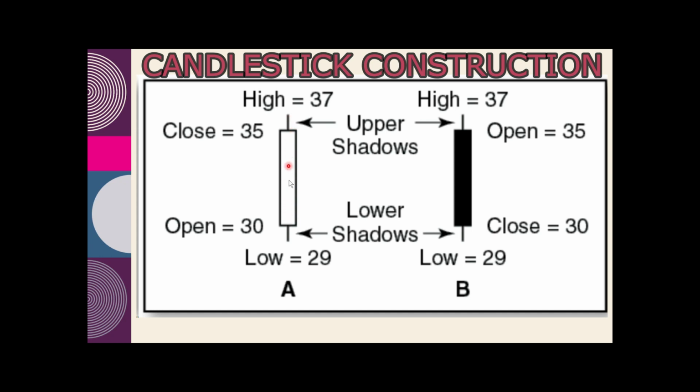The extended lines are called wicks or shadows. In this bullish example, the market started at 30 dollars or 30 rupees, whatever it is. Then, sometime during the period, it reached a low of 29 and a high of 37, and ended at 35.